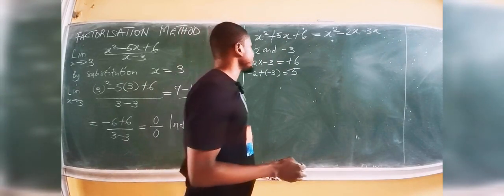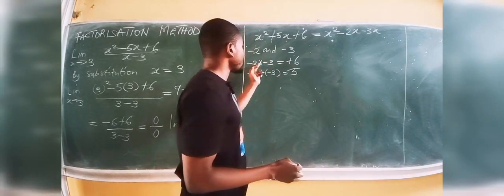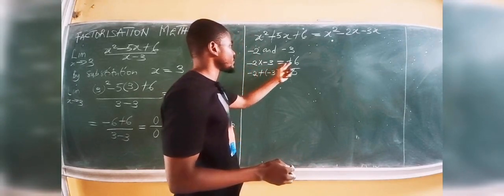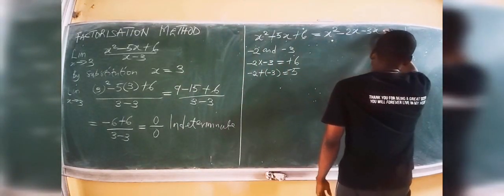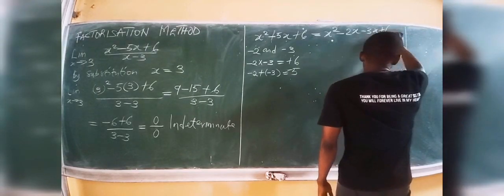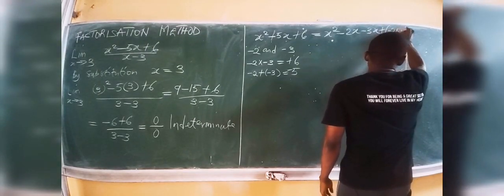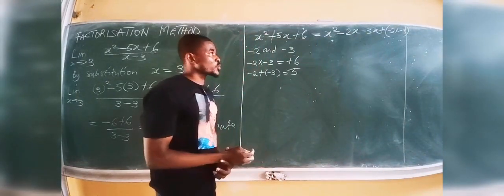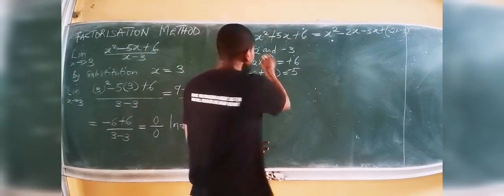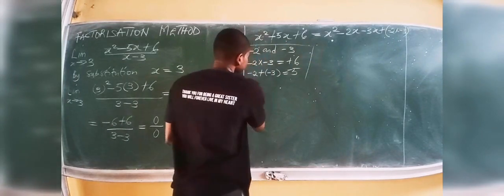And in place of plus 6, we write plus open bracket, minus 2 multiplied by minus 3. Okay, let me keep this aside.